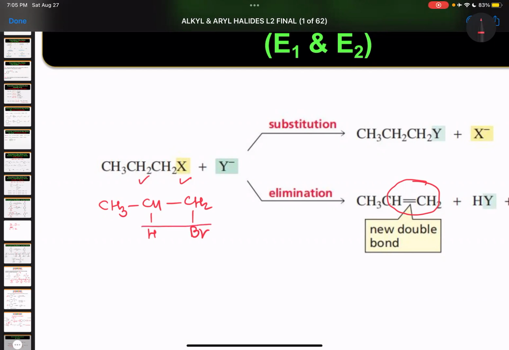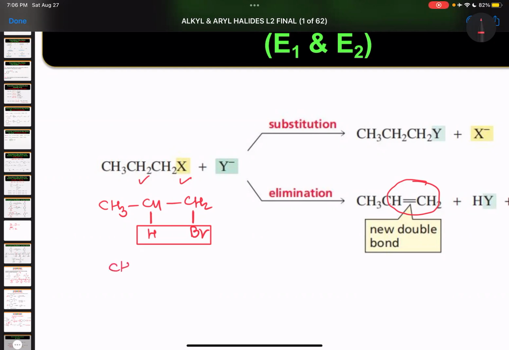Suppose you remove H and Br. What will happen to these two bonds? Will they continue to remain like this?